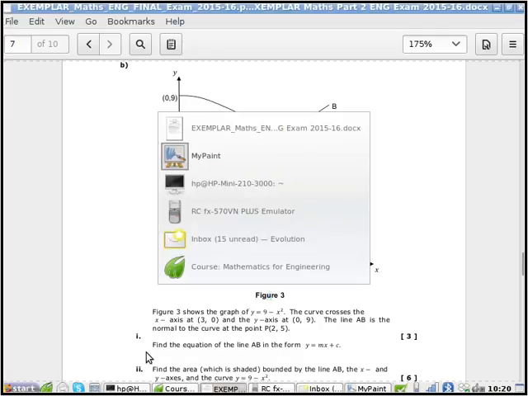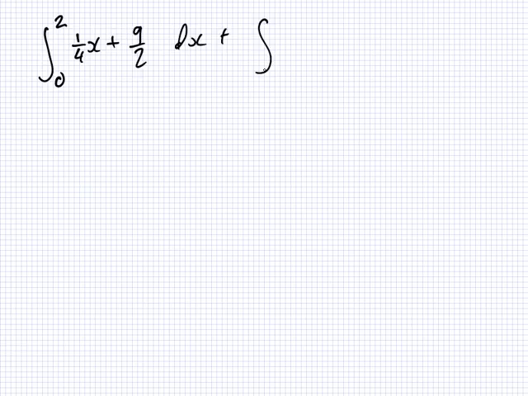So, can we at least call out the integration? First you're integrating from 0 to 2, and what was the line? It was a quarter x plus 4.5, 9 over 2, dx, and then 2 to 3, 9 minus x squared dx.